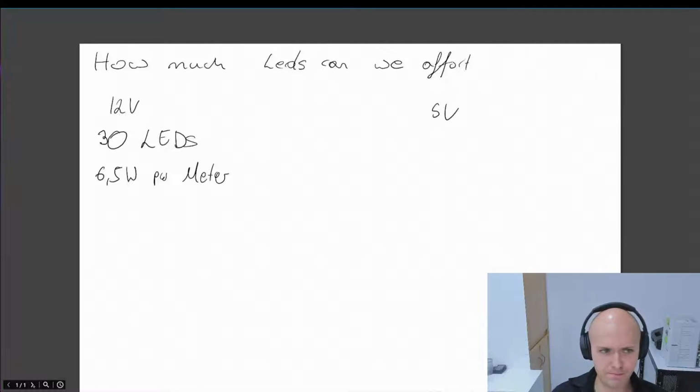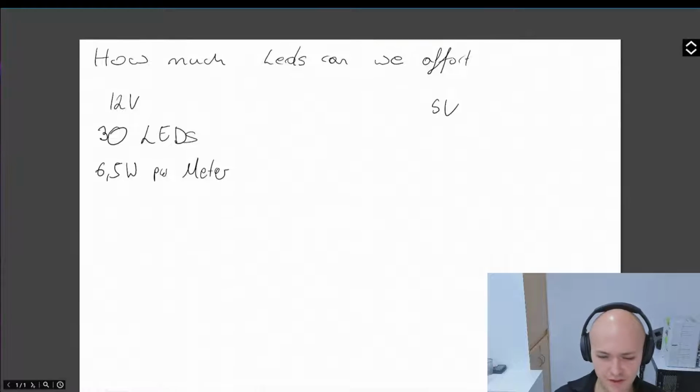That means we can check the formula. It's actually very simple.